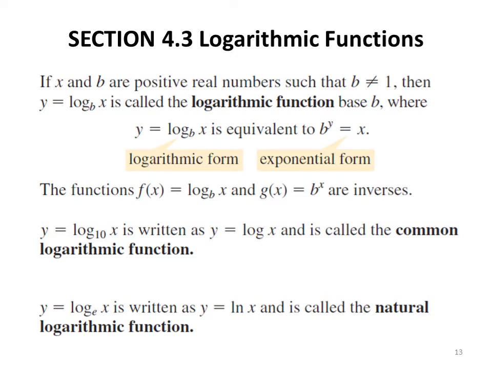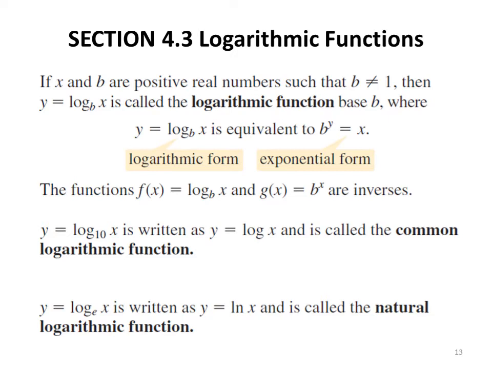Now we're ready to define logarithmic functions. Logarithmic functions are basically the inverse functions of exponential functions, as we will see. If x and b are positive real numbers and b does not equal 1, because we exclude that from the exponential function, for the function y equals log x to the base b, where b is a positive number other than 1, this is called the logarithmic function with base equal to b.